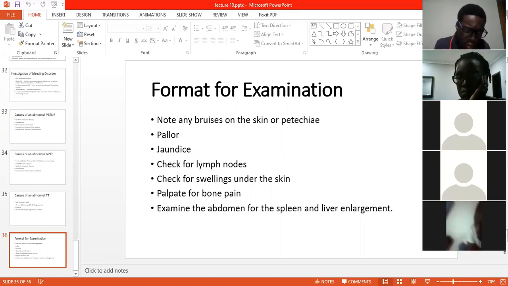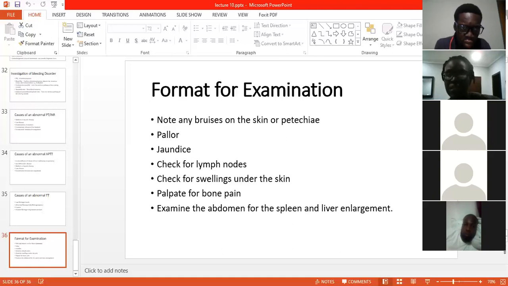So my question is, could this be, let me say, a liver issue, or could it be an issue with the blood itself? You said she was having bone pain. Yes, when you hold the wrist, you see it's swollen. Did you check for sickle cell? Yes, she's not sickle cell.